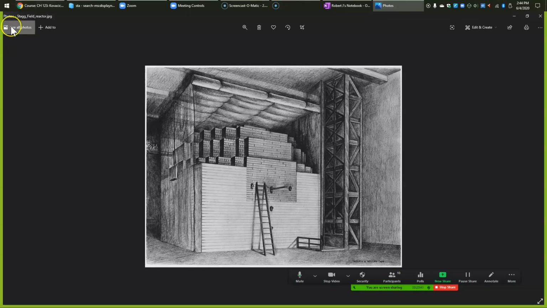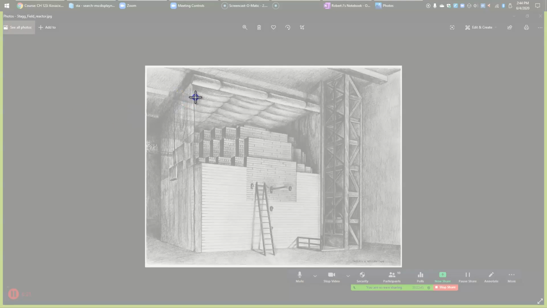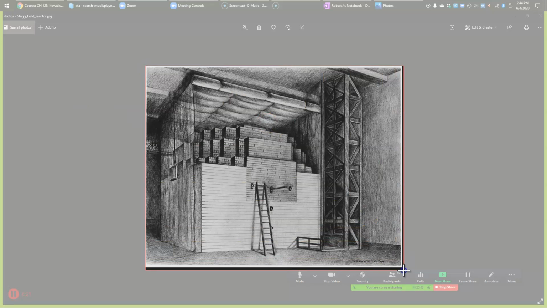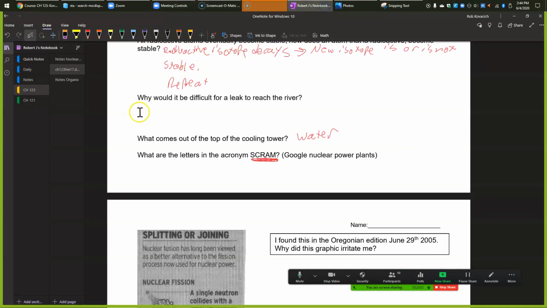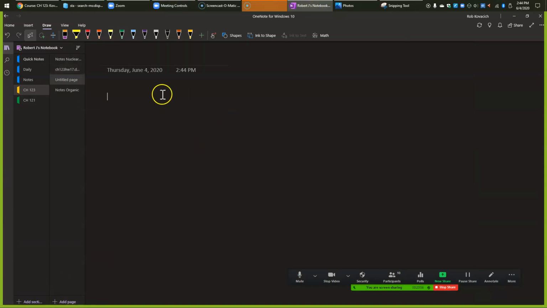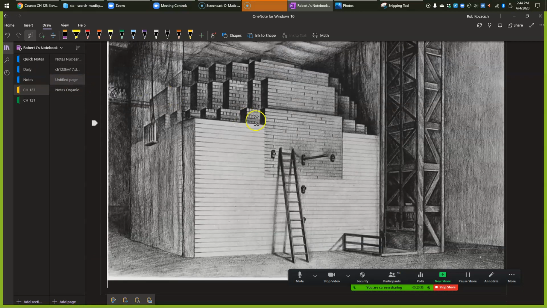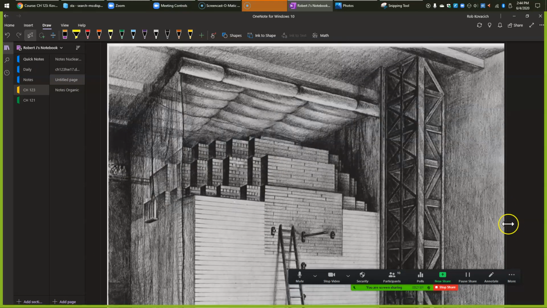You know what? I'm gonna grab this whole image. Copy. Go back over here. There's a line right here, and there's a pulley.